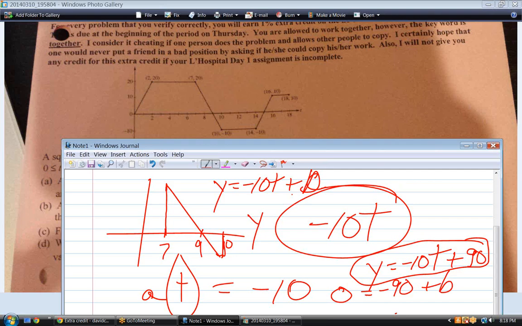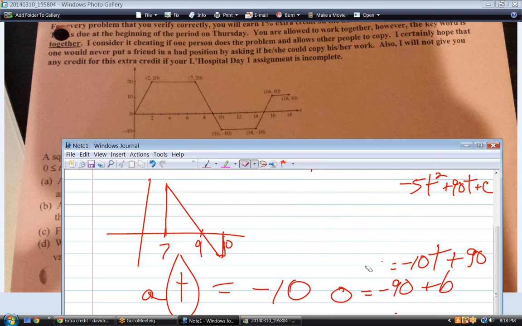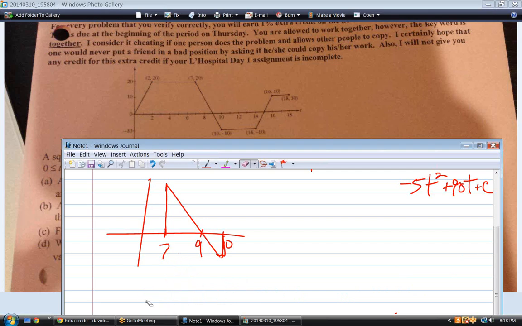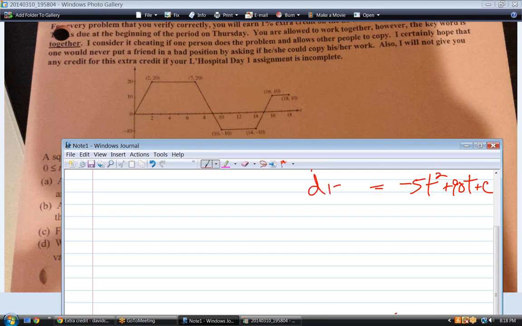We get minus 5t squared plus 90t plus some c, and that would equal the displacement.